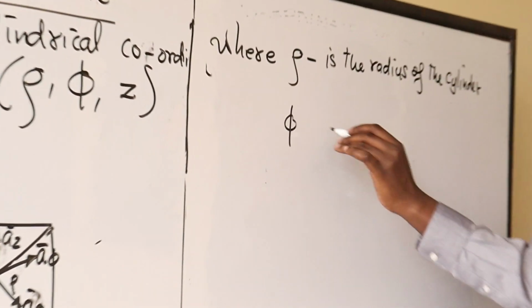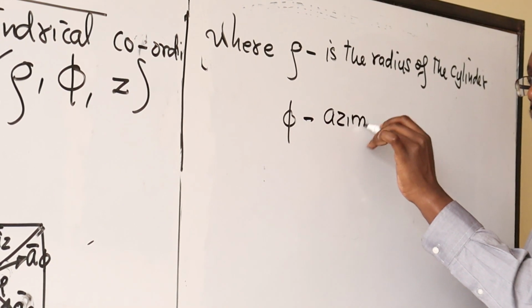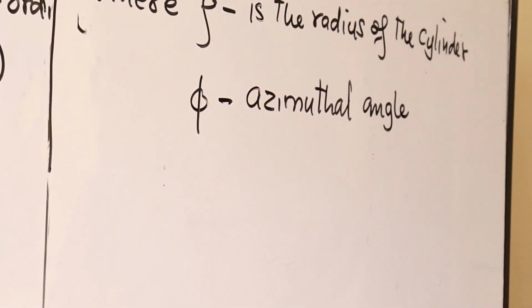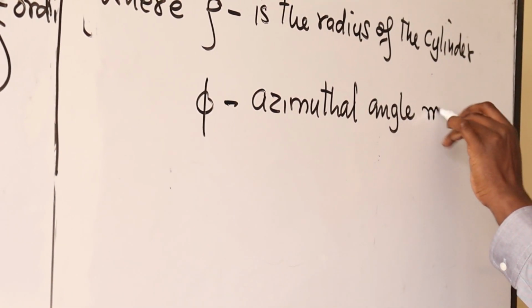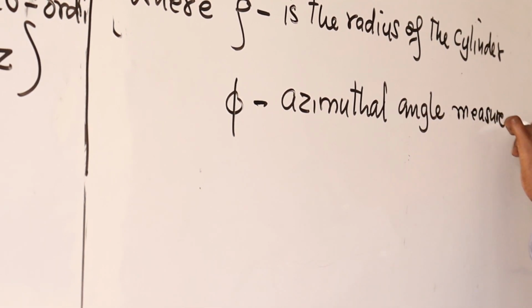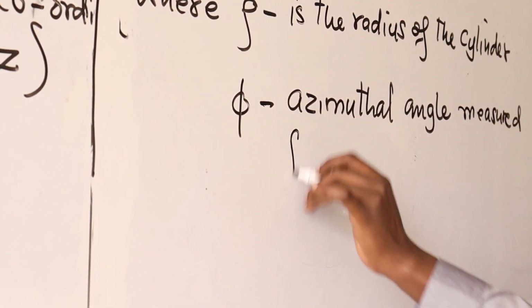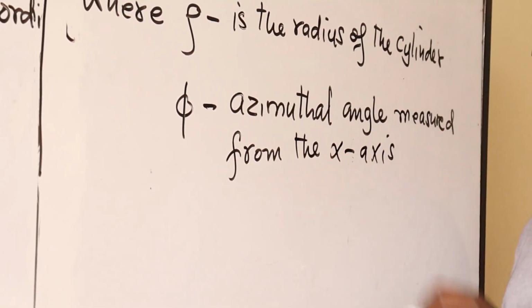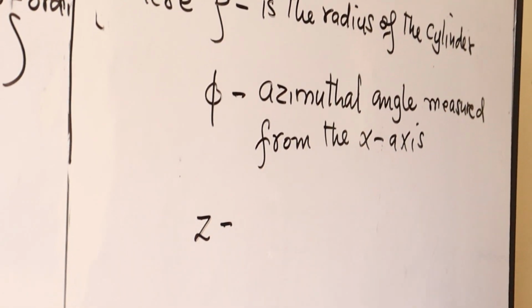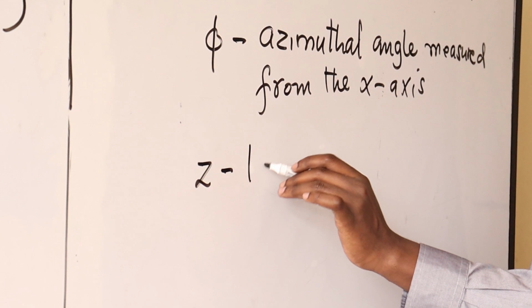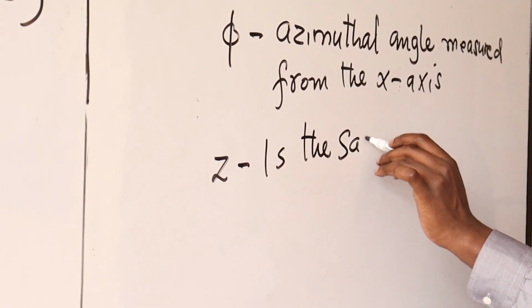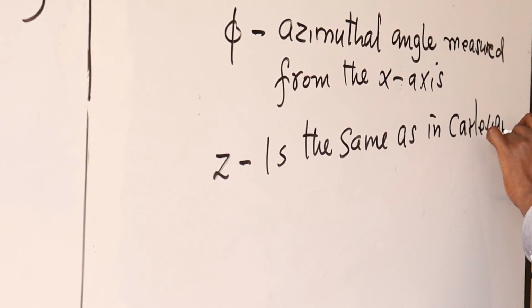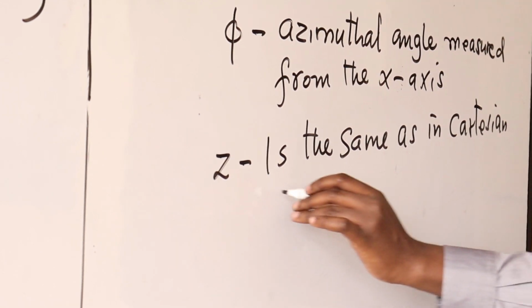Phi is the azimuthal angle, measured from the x-axis. Then we have z, which is the same as in Cartesian coordinates.